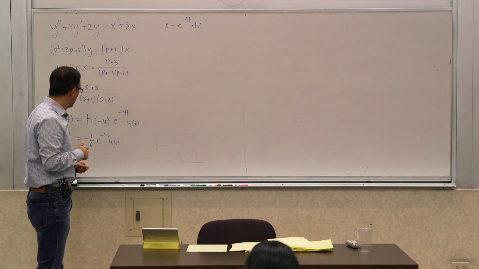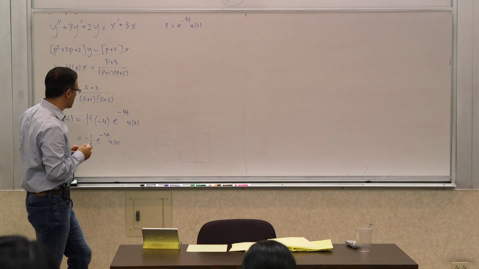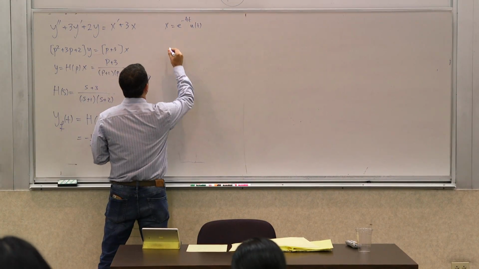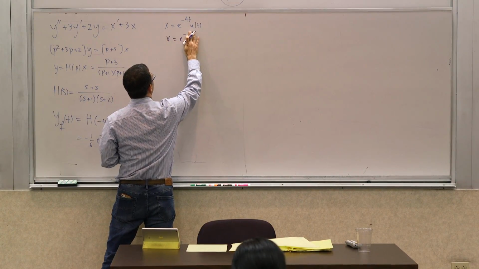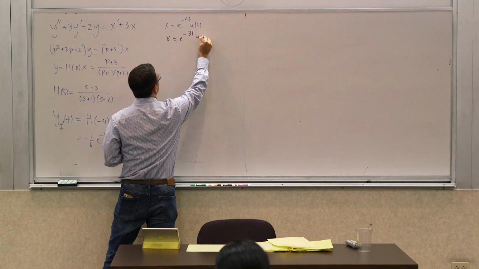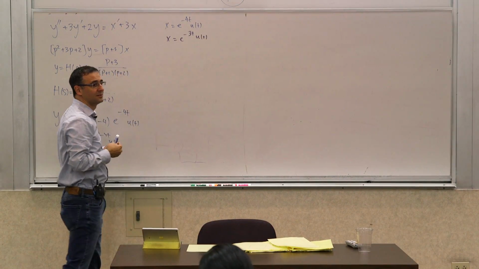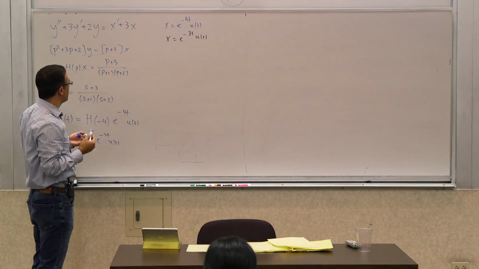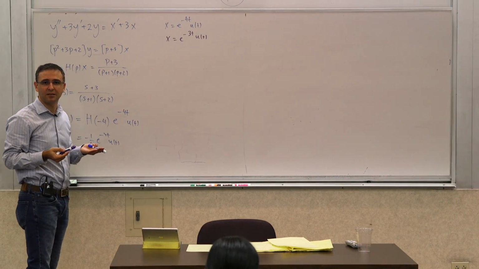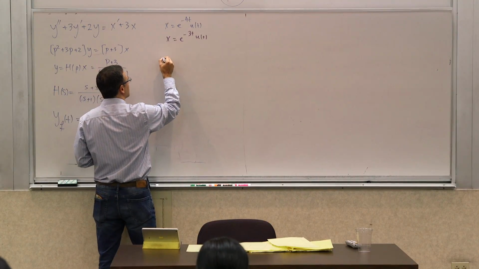Why do we say that? Well, let's just try a different frequency. So this is like the first example. Let's say another x, e to the negative 3t this time, u of t. What is its response to that? How do I calculate it? Same deal, right? What's the forced response?